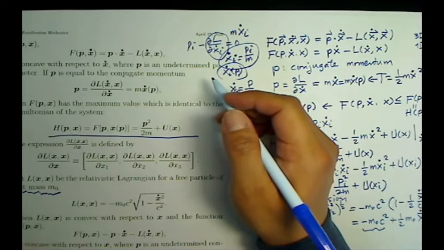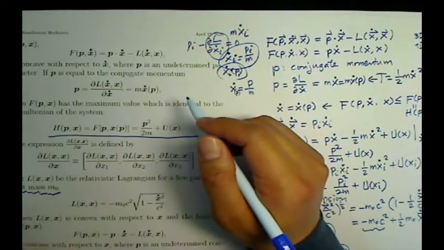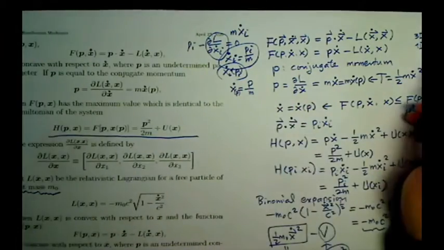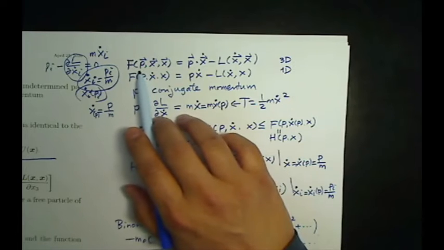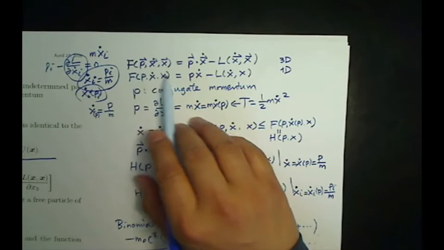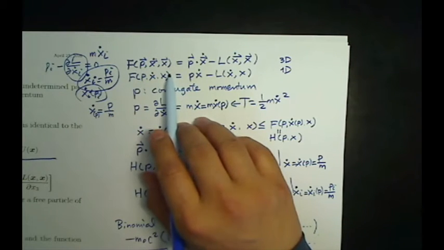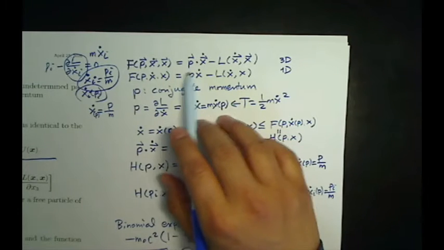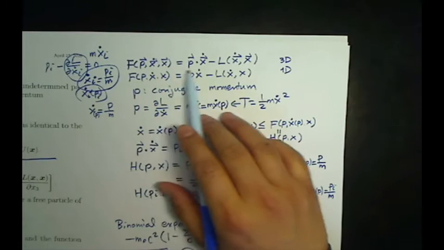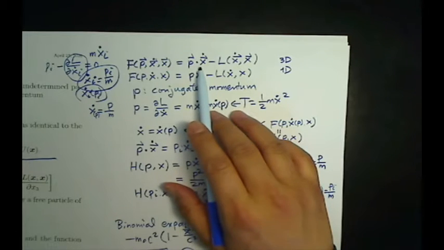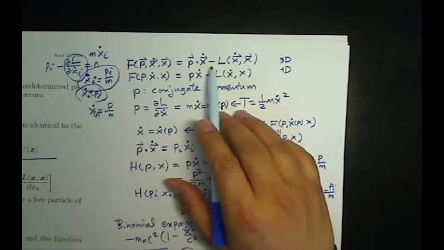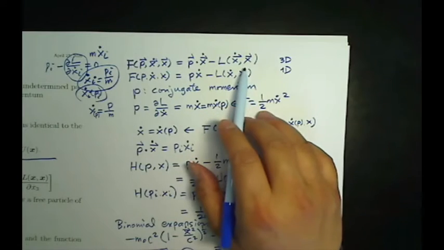The next step is to derive the Hamiltonian for the relativistic case. Before we go further, we simply summarize what we have done. For the Legendre transformation, the first step is to construct the f function, that is p x dot subtracted by the Lagrangian.